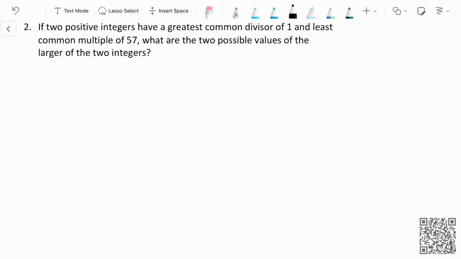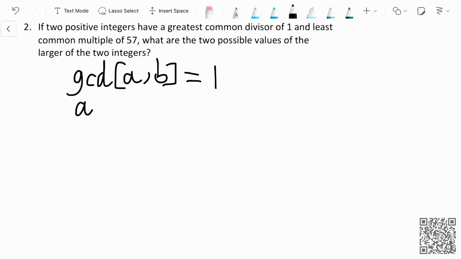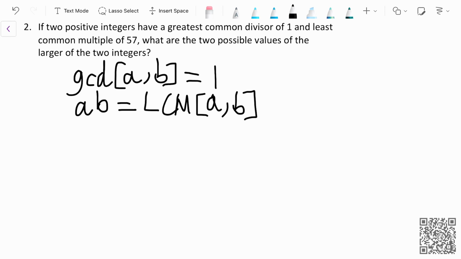Say A and B: if GCD(A, B) equals 1, then A times B would equal the LCM of A and B. Basically, if two numbers are relatively prime, then their least common multiple is the two numbers multiplied together, like 2 and 3, for example.